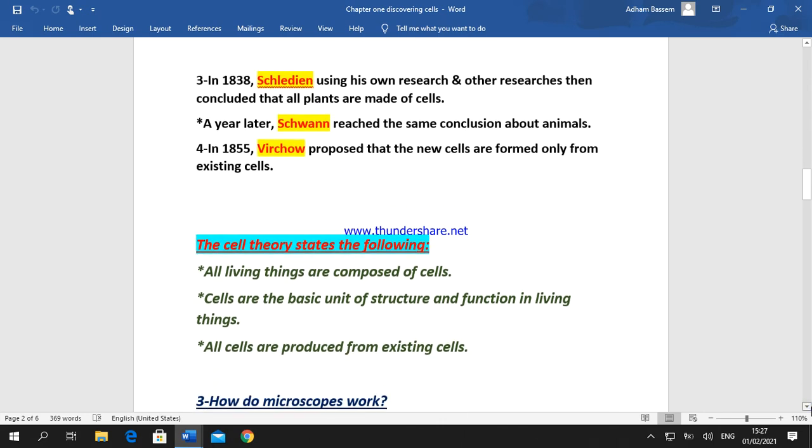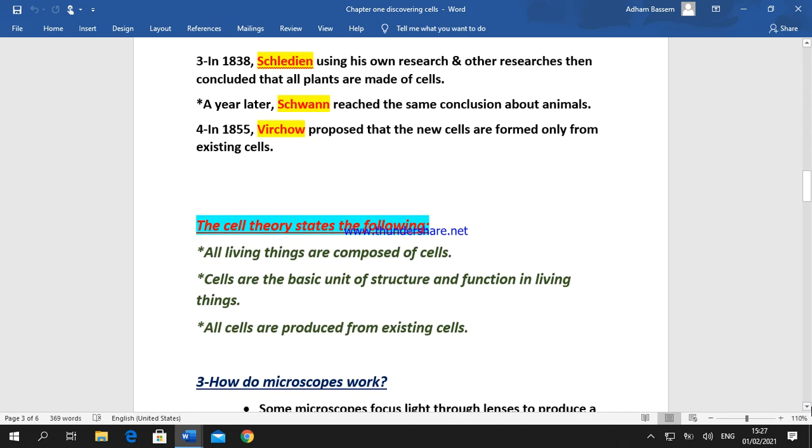The cell theory states the following. Number one, all living things are composed of cells. Again, all living organisms are composed of cells. Number two, cells are the basic unit of structure and function in living organisms' bodies.